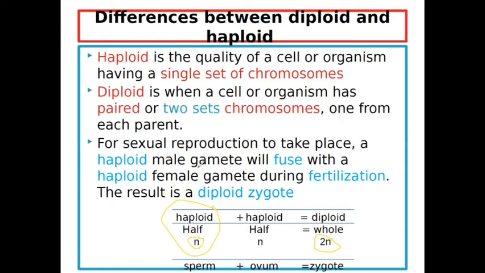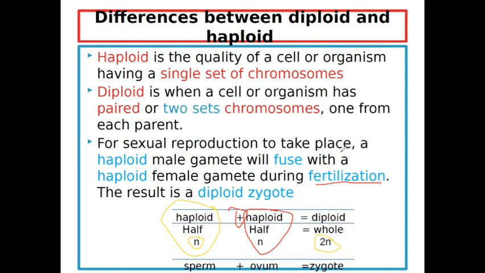A haploid male gamete, that is a sperm cell, is denoted here in yellow. It is going to fuse with a haploid female gamete. Where is it? And look down there, we're having a haploid male gamete, during the process of fertilization. That means in fertilization the sperm cell's nucleus enters.